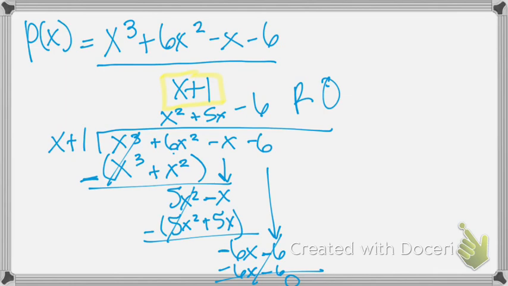I need my 0. So, I say x plus 1 equals 0. And I solve. X equals negative 1. This is so easy, guys. What you do now is you take that x and you plug it back into the original equation.